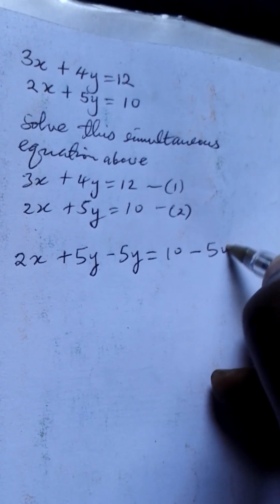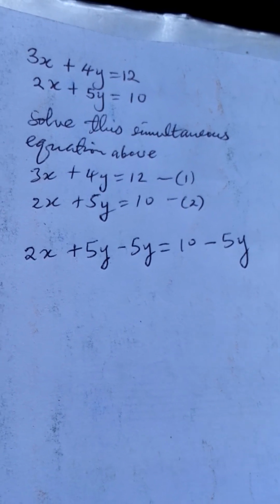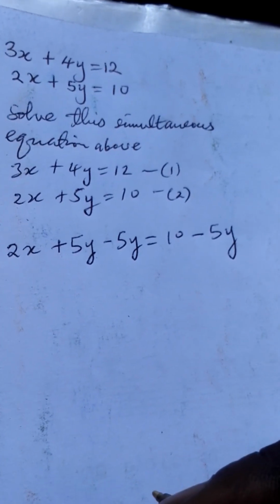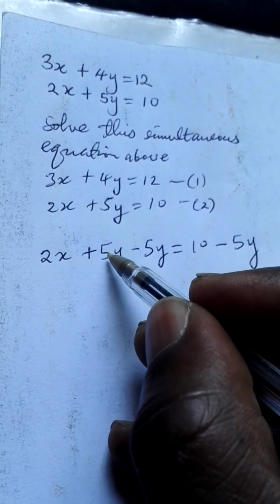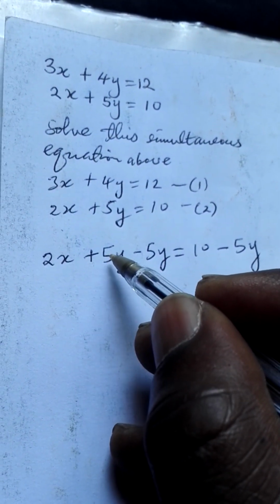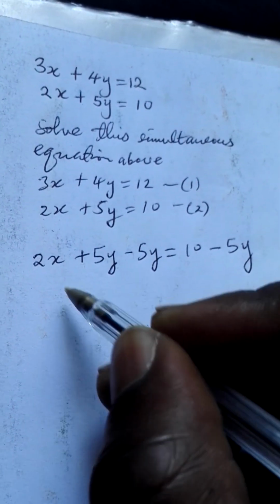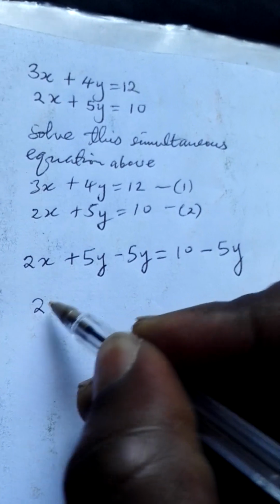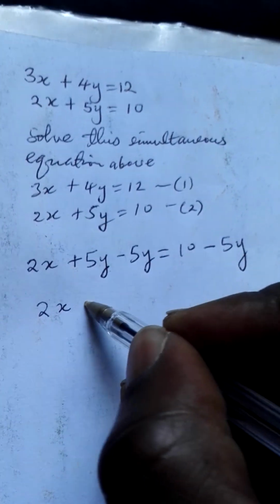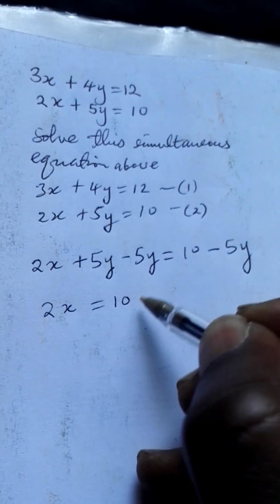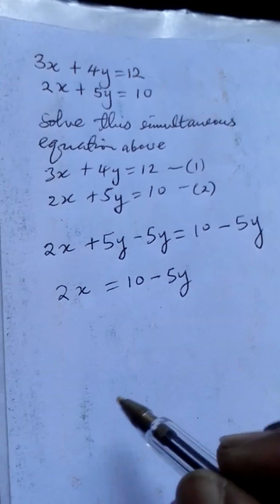We subtract 5y, because when you're dealing with equations, what you do on one side, you also do on the other side. So a positive 5y minus 5y will give us a 0. On the left hand side, we're going to remain with 4x, and on the other side, it is going to be 10 minus 5y.